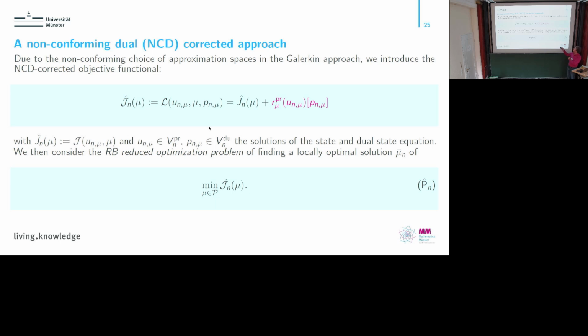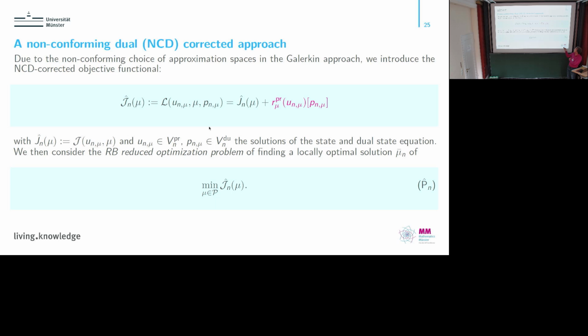But then there is an additional part, which is the primal residual, where you take the dual solution as a test function. If the dual is from the same space as the primal and you are in a Galerkin setting, then of course this vanishes because of Galerkin orthogonality.